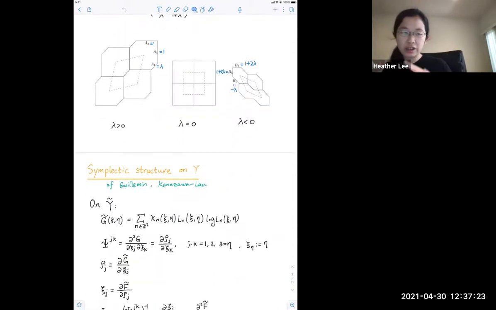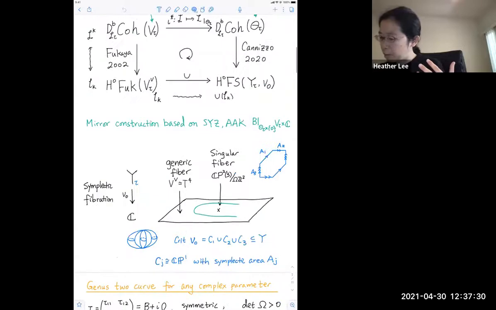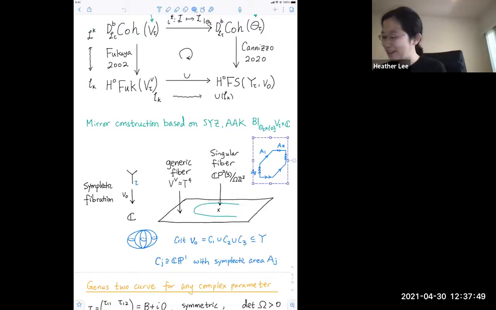Actually, not the entire Y tilde, but only for this mirror symmetry picture, we really only need a small neighborhood of the singular fiber. So we're going to put a symplectic structure on a small neighborhood of the singular fiber. That singular fiber corresponds to the facets of the moment polytope. You can see that the facets are the hexagons.